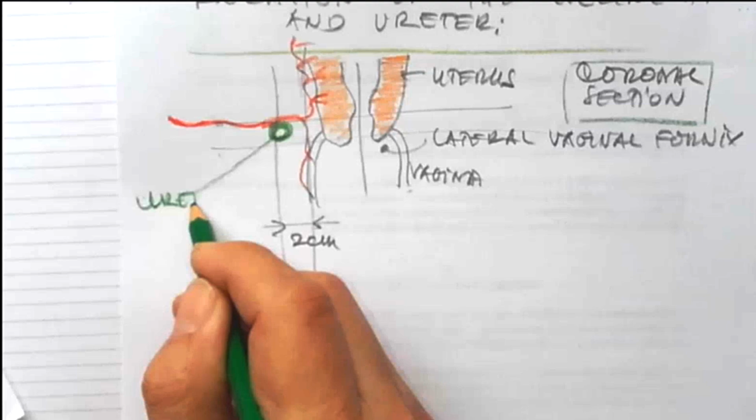So subperitoneal or infraperitoneal space contains organs like the urinary bladder, caudal part of ureters, prostate, then urethra, rectum. So we have to say some words about all these organs.